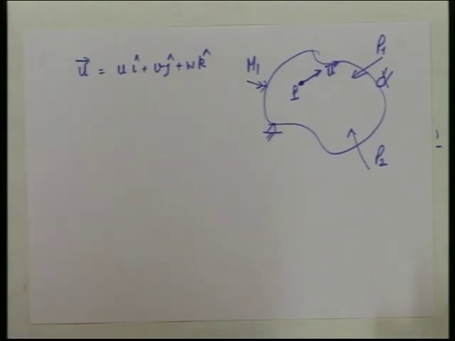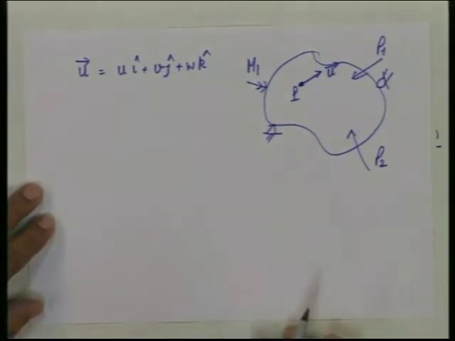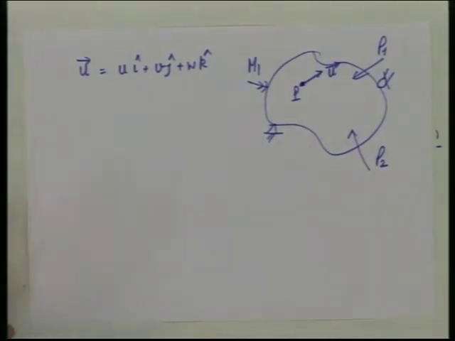So, you have displacement. The first thing in finite element analysis, as we have been seeing, is to define your displacement field. How does displacement vary within the body? Of course, the body is too big. So, we say how does displacement vary within a small element that we take out of that body.